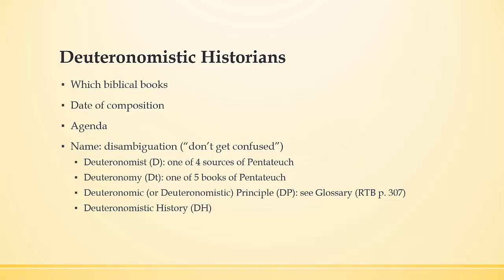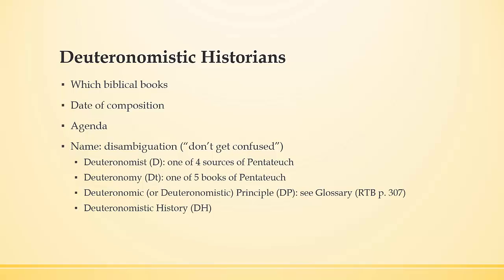So first of all, notice in chapter 4, beginning page 86, which books are the Deuteronomistic historians, the date of composition. Notice also the agenda that you will find on page 89, the purpose or the agenda of the Deuteronomistic historians.